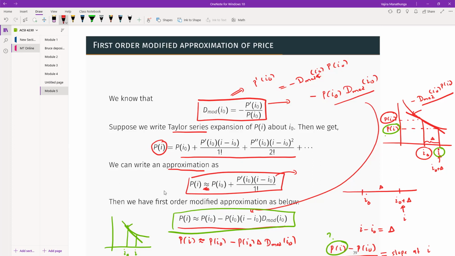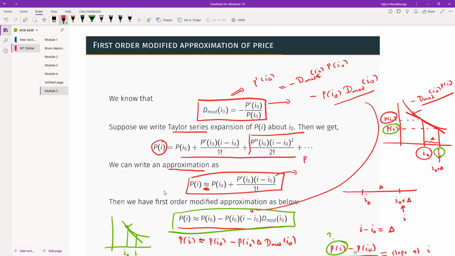since we are removing the higher derivative terms, our approximate price is not going to be the real price. So it's always going to be the under price.